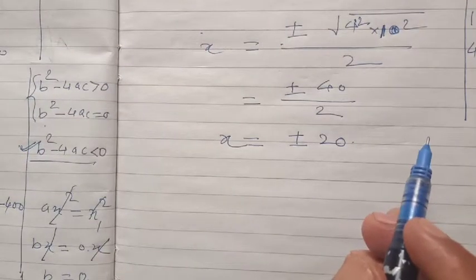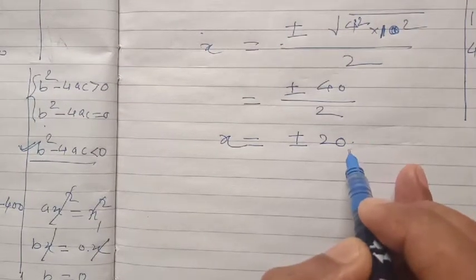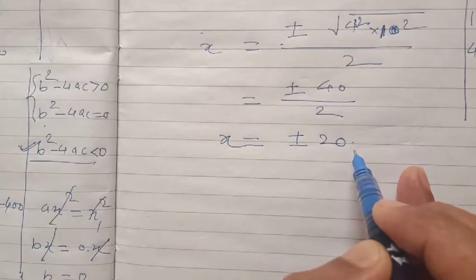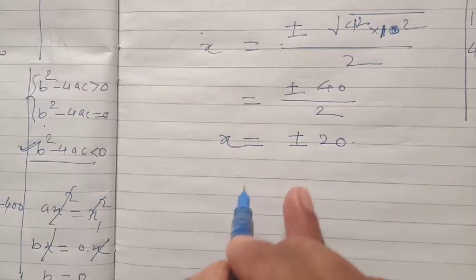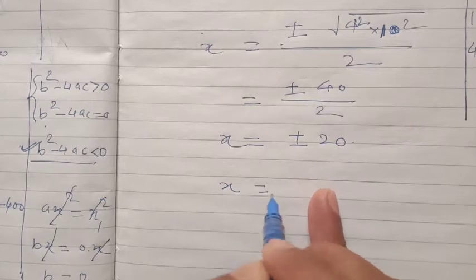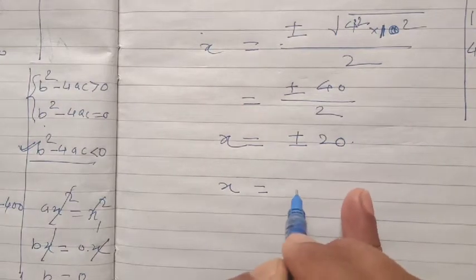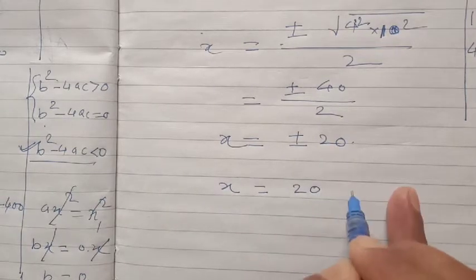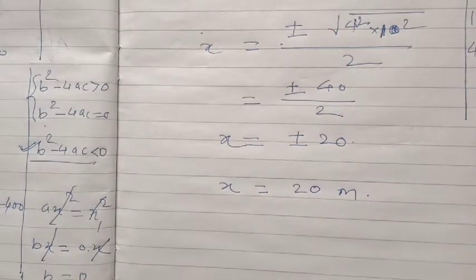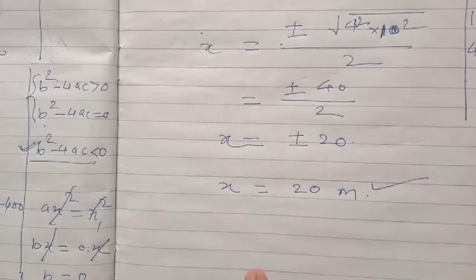But this is the length. What is this? This is the length and breadth. So length and breadth always should be in the positive. So you can write the x is equal to 20 meter. Why? Distance always should be calculated in the positive value.